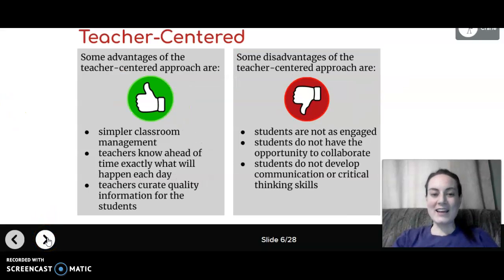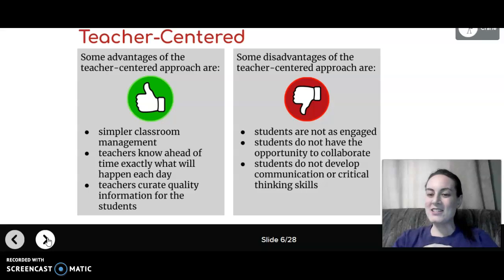Let's look at some advantages and disadvantages of a teacher-centered class. Some advantages: it's simpler classroom management, so everyone's kind of sitting down. The teachers know ahead of time exactly what will happen each day, and teachers create quality information for the students.